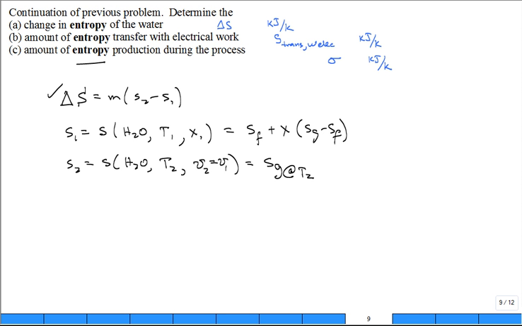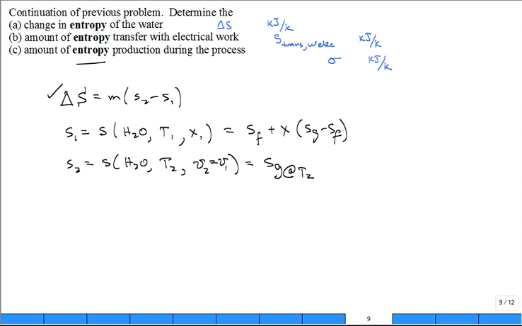Heat transfer is really disorganized energy. It's high molecular kinetic and vibrational energy modes. But work, shaft work or pushing a boundary like that, is very organized energy transfer. It has no disorder with it on the molecular level. It's all organized energy transfer. Hence, there's no entropy transfer with organized work.